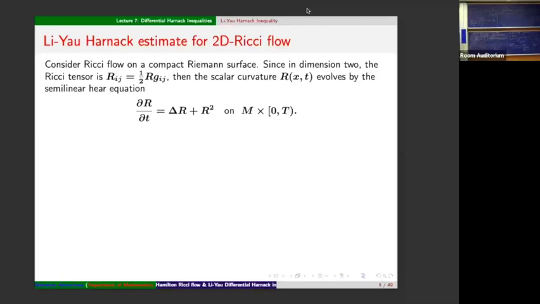And then we observe that instead of u, we have R. If in the Li-Yau gradient estimates we substitute R in place of u, what are we going to have? We have R_t.